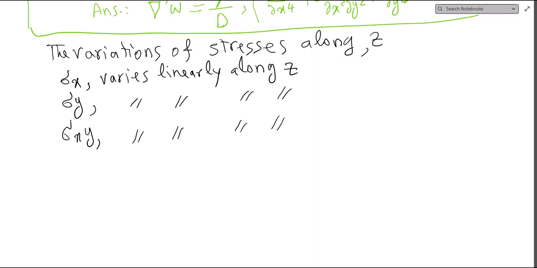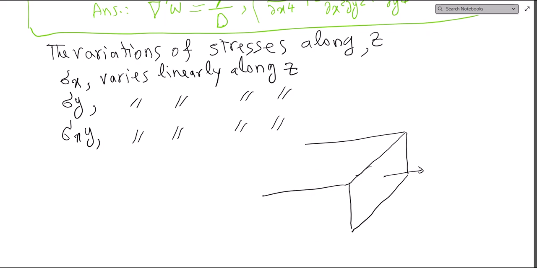Now, if we have that, let's draw one of them at least, or maybe all of them, but I explain in detail one of them. Let's say this sigma x. So this is my, let's say, x, z, and y, right? So this sigma x varies along the z-axis.